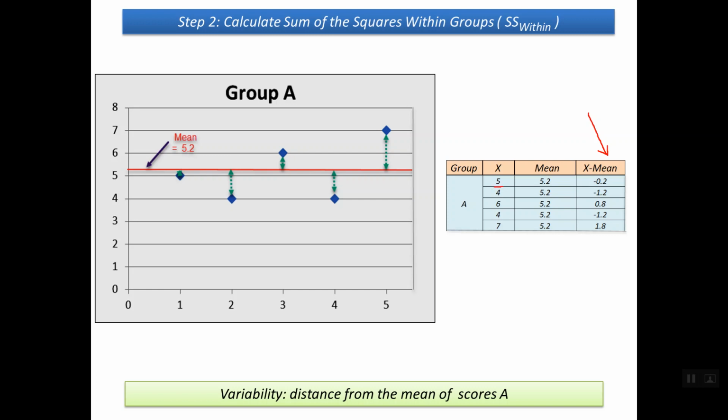For example, the first observation is 5 and the mean is 5.2, so the deviation is minus 0.2. So for this observation, the deviation from the mean is simply 0.2, and the minus here represents that the observation is less than the mean, or it lies below the mean line.